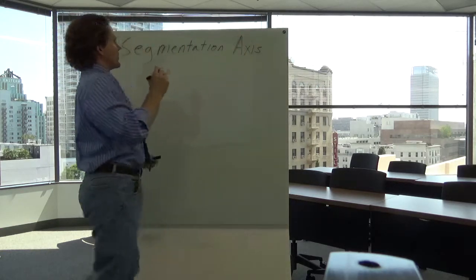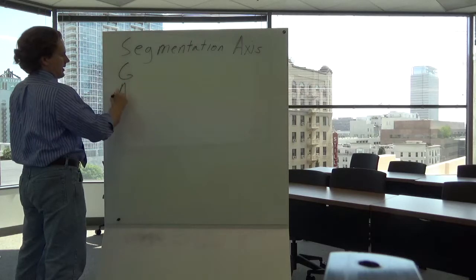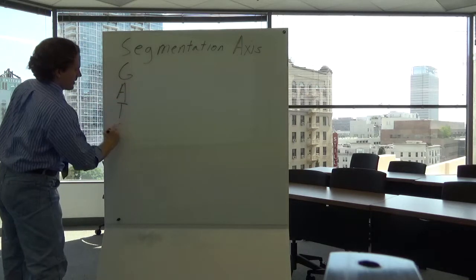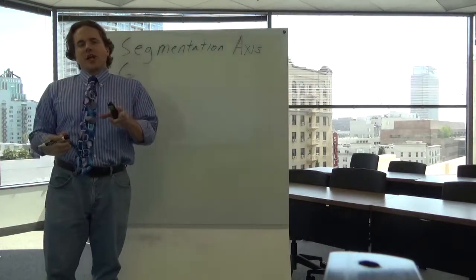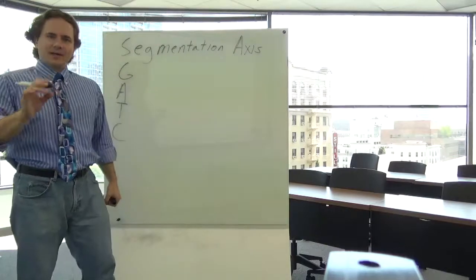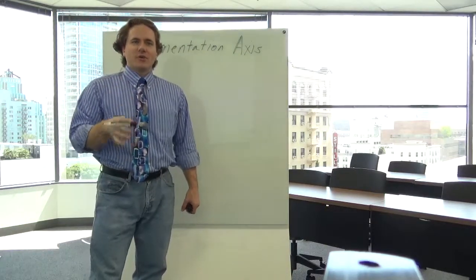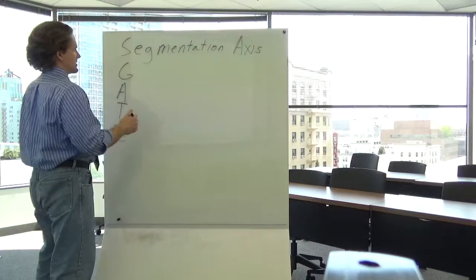And I mentioned it briefly a little bit, but we call this GAT-C. And these are also different ways of understanding your competition. Remember I talked about competition occurs at the local level? Again, we don't necessarily mean geographically or spatially local, but we mean locally in terms of the segmentation axis.